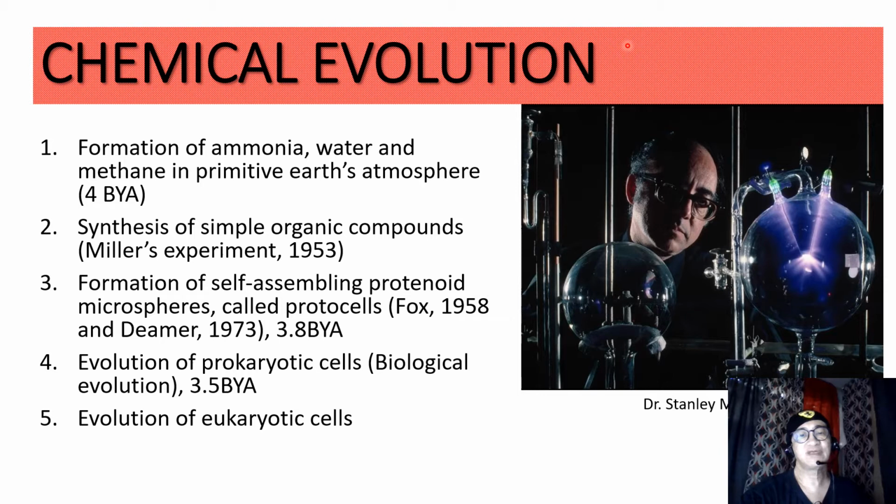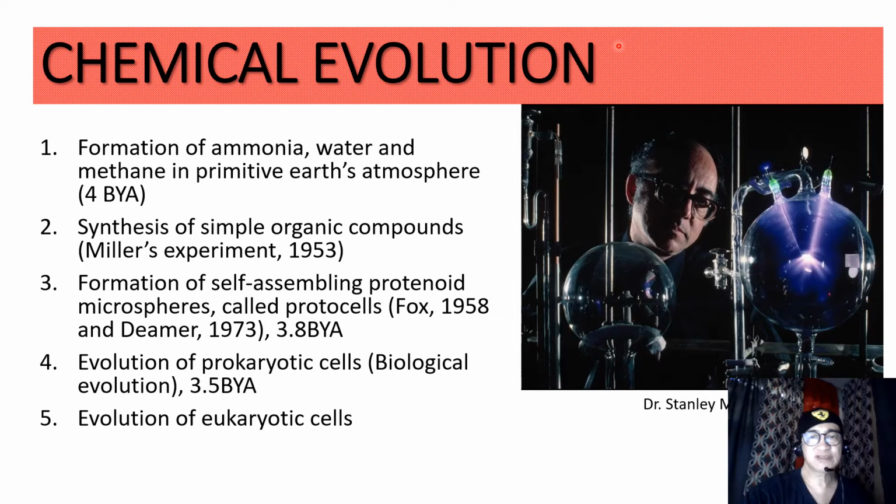Now, according to the story of chemical evolution, the Earth's atmospheric and surface conditions were entirely different from what we have today. The atmosphere then was a highly reducing atmosphere, not an oxidizing atmosphere like what we have today.